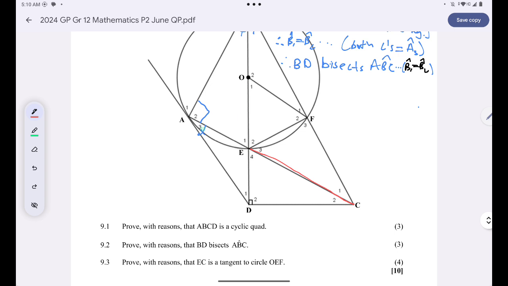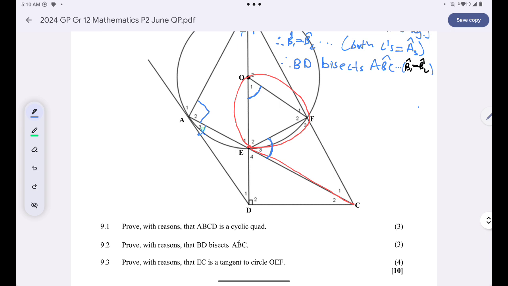If this line is a tangent to the circle that passes through O, E, F, it simply means that my duty is to show that angle E3 is equal to angle O1. That's all I need to do.